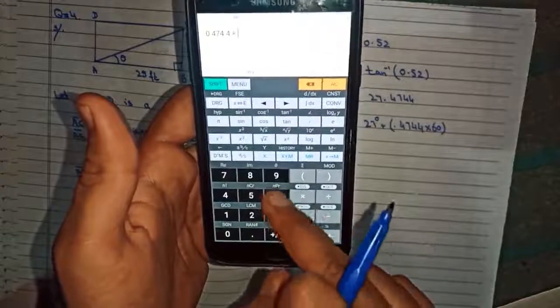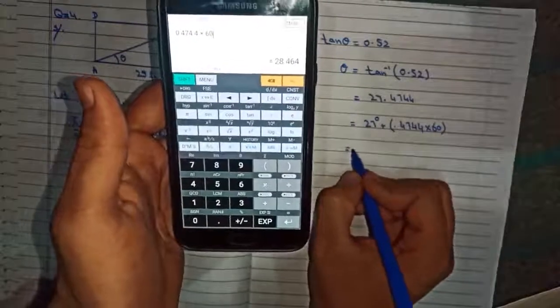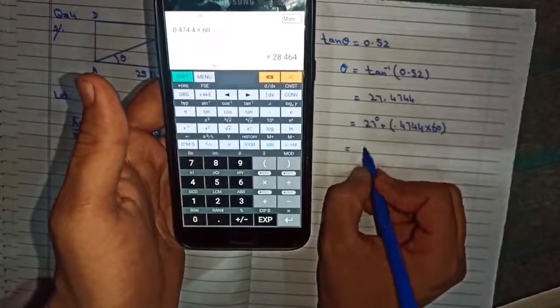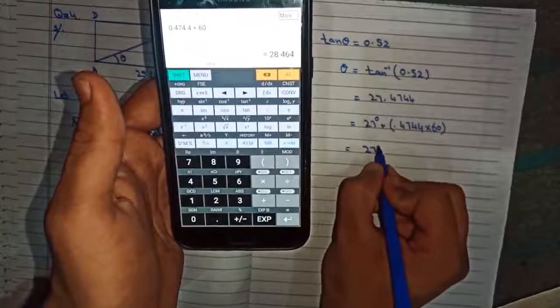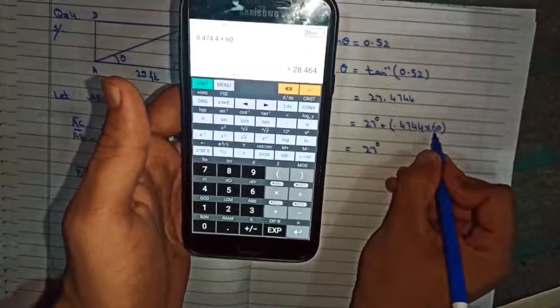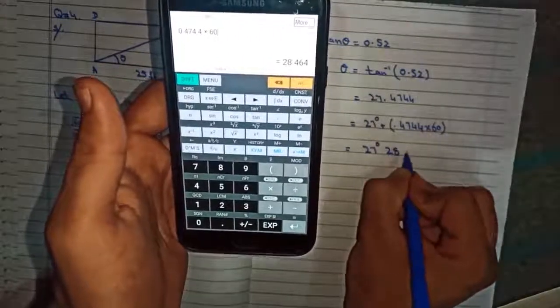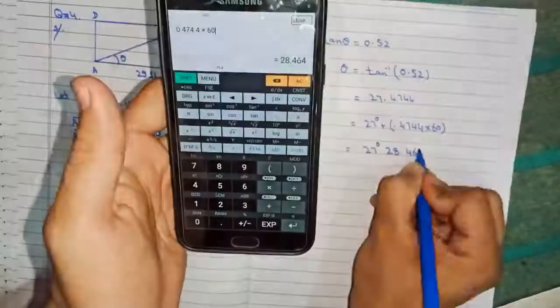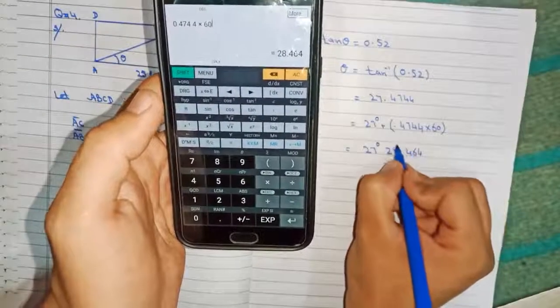0.4744 multiply by 60, it is 27 degree, and multiplying 0.4744 by 60, the result is 28.464. 28 is the minutes.